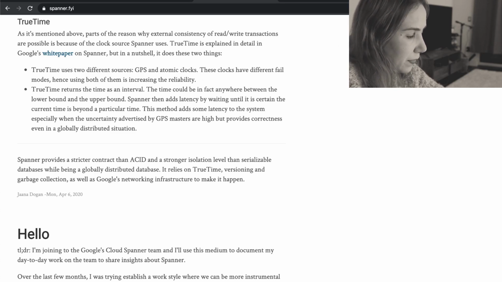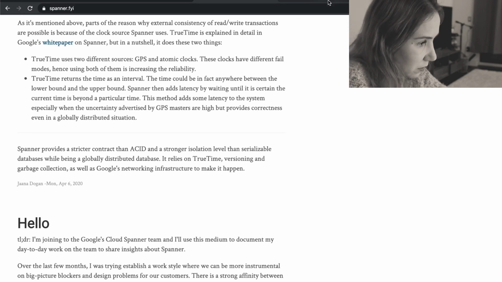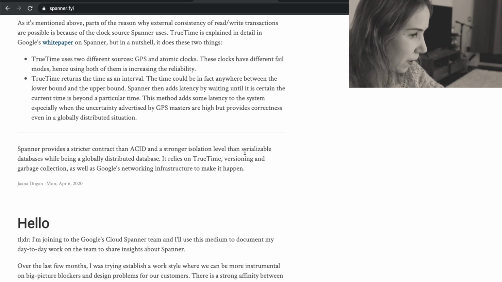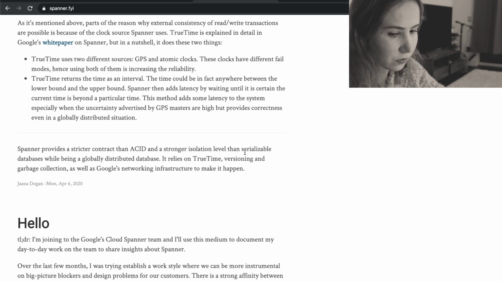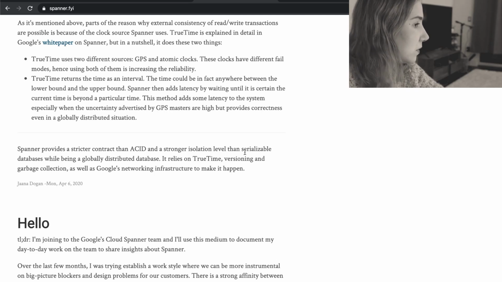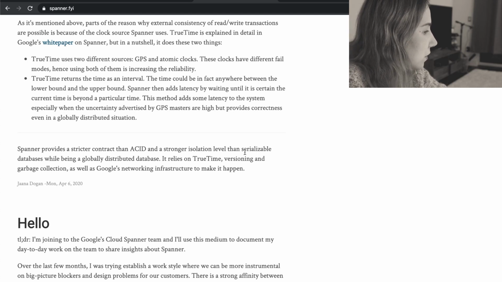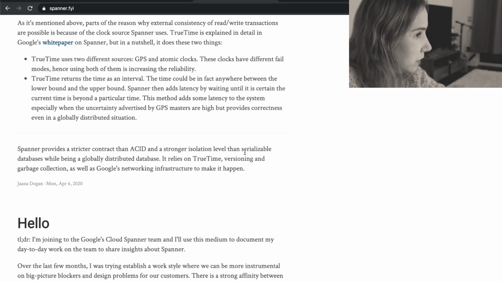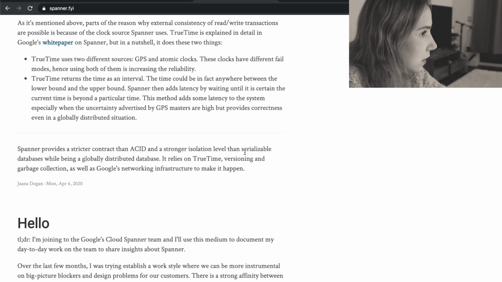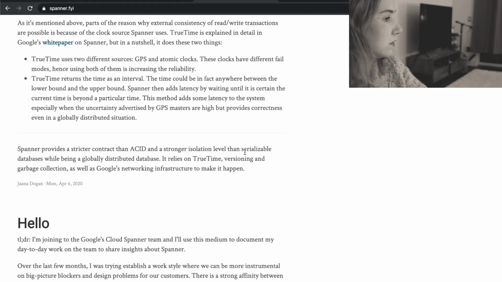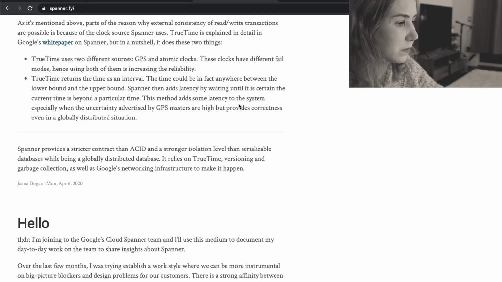So there is some latency involved with TrueTime, but according to the white paper they published, it's not much of a big deal. But it could be a big deal if uncertainty is high. I don't have any data to share about this right now, but this is the interesting part of TrueTime. It returns you an interval, not a specific time. So time could be anywhere in between, but you can always sacrifice some latency if you are not sure what the time is.